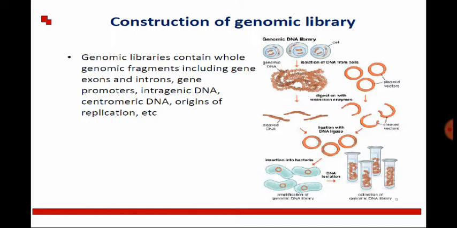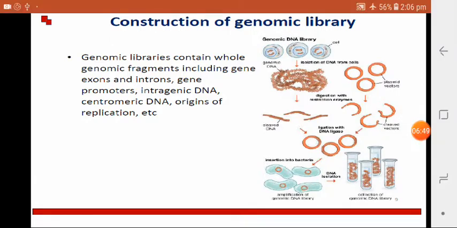So how can a genomic library be prepared? See here, in the first diagram you can see taking a sample of DNA, of a plant sample or other, and you can insert it into the plasmid vector.